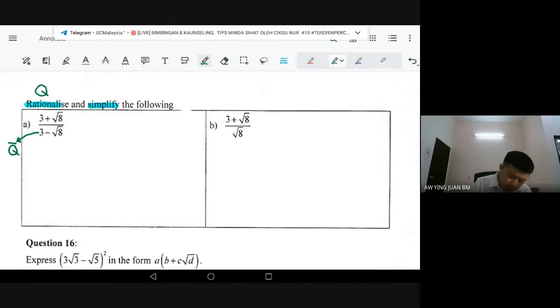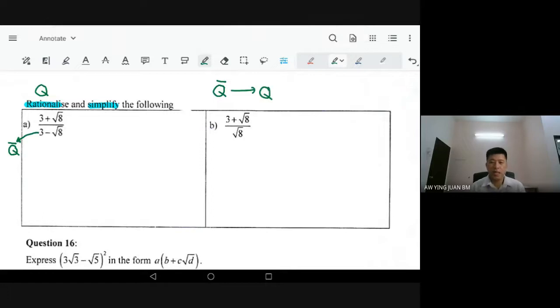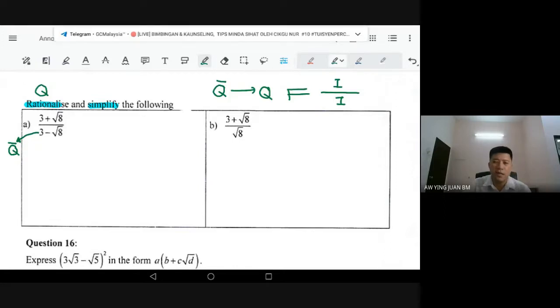Maksud rational, dia kena jadi integer lah. Jadi dia kena jadi integer. Why must be integer? Ingat tak? Fraction. Atas mesti integer, bawah mesti integer. Tadi. Ingat tak?